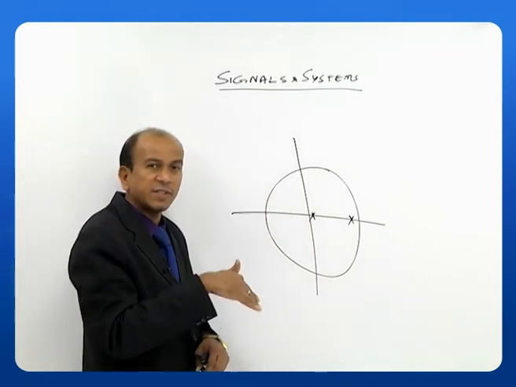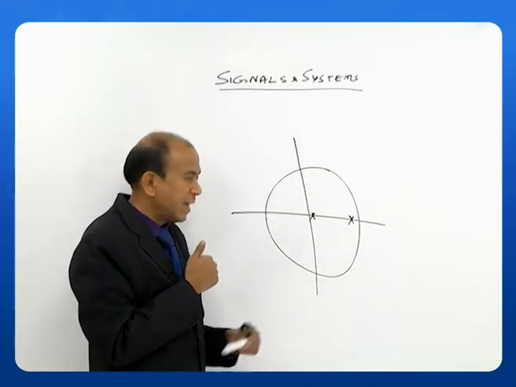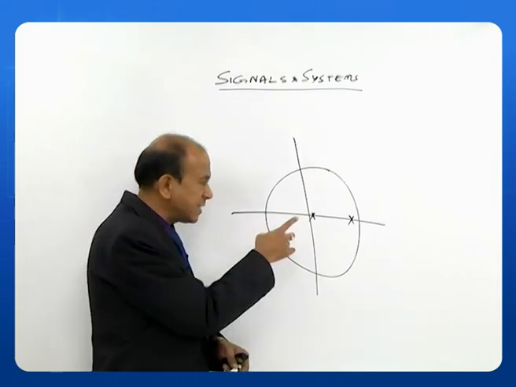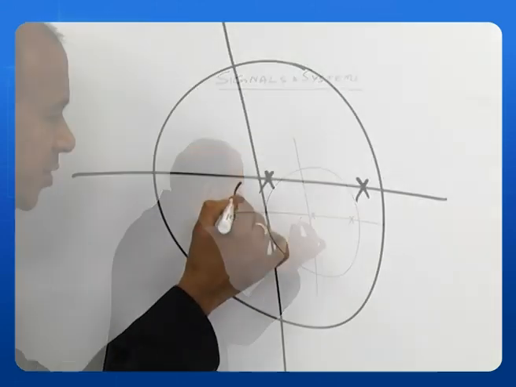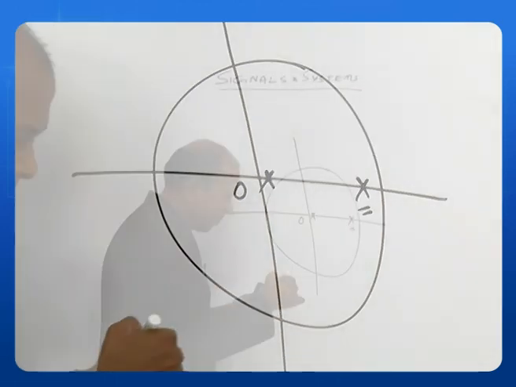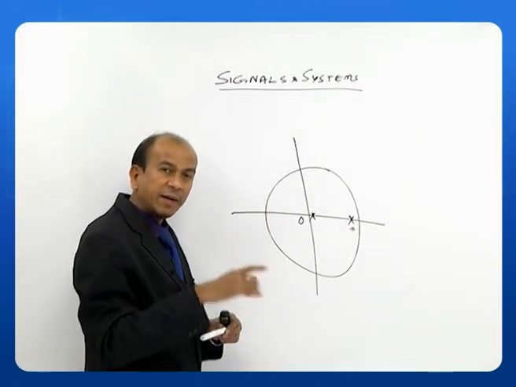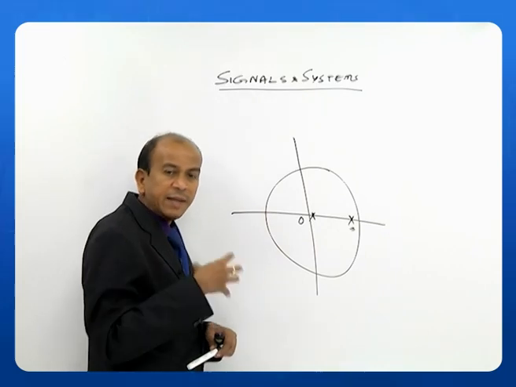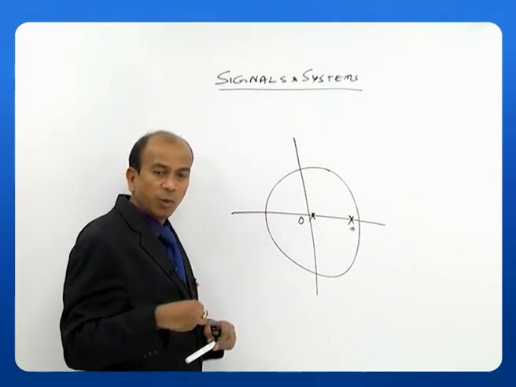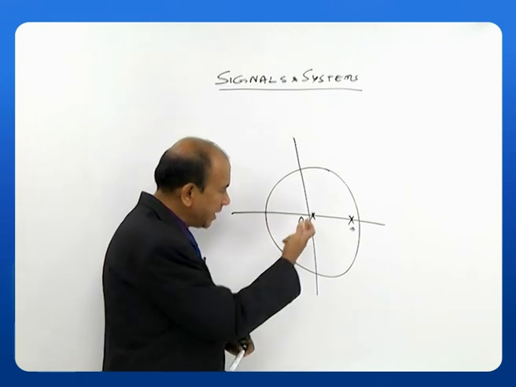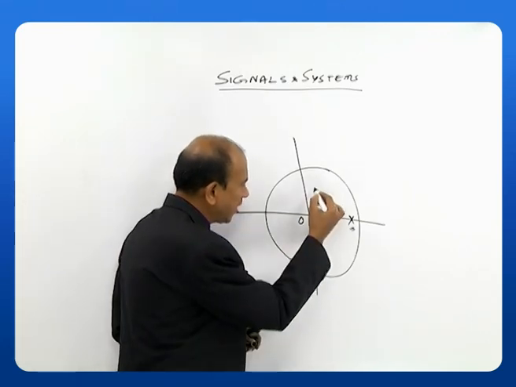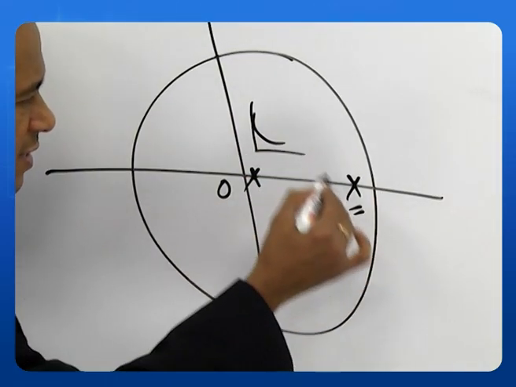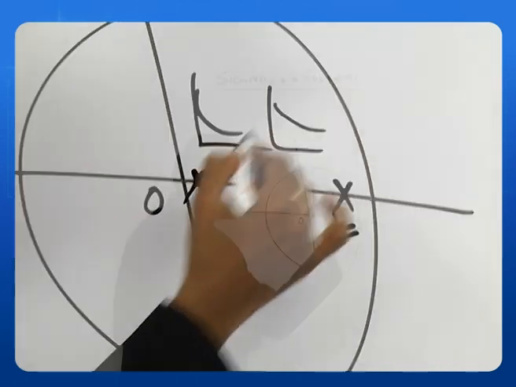That means the fall of your signal is rapid in the case of a pole which is very near to the origin. Now a pole which is away, but nearer to the unit circle and inside the unit circle, the decay will be a little slow. That means here the decay is faster, very fast like this. In this case, the decay will be slow like this.